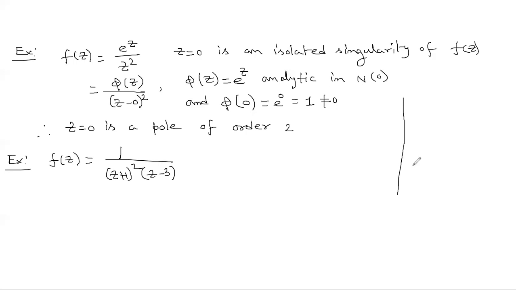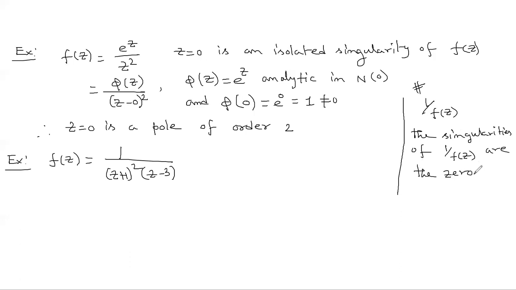One important point is, if a function can be written as 1 by f(z), then the singularities of 1 by f(z) are the zeros of the function f(z). So we just have to equate this to 0.